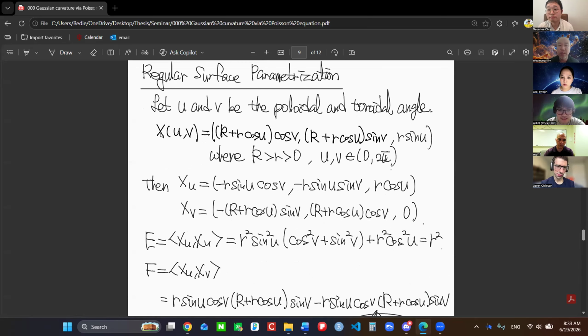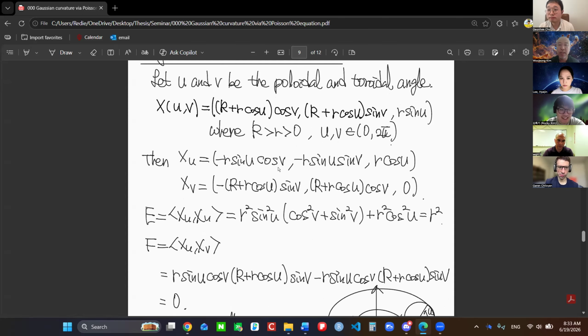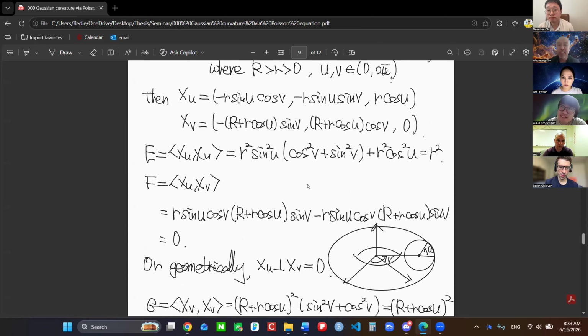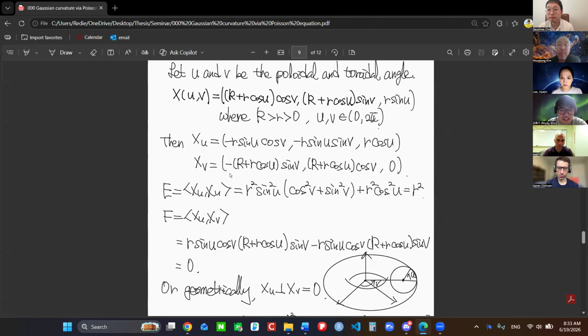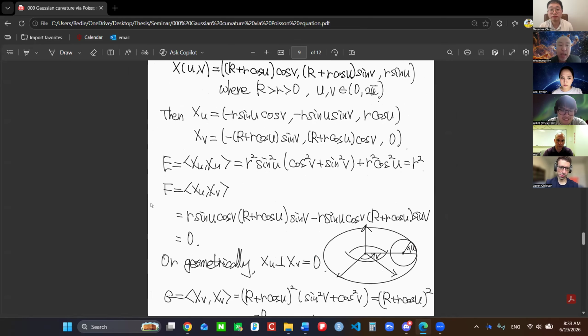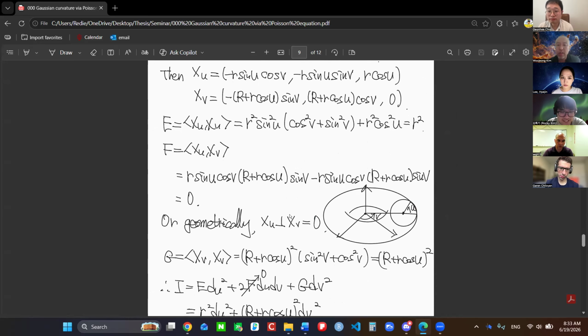So we have this parameterization of the torus. Then we have this computation, you can see it later. And we have f as 0. You can just compute it, or we can think of it in a geometric way.